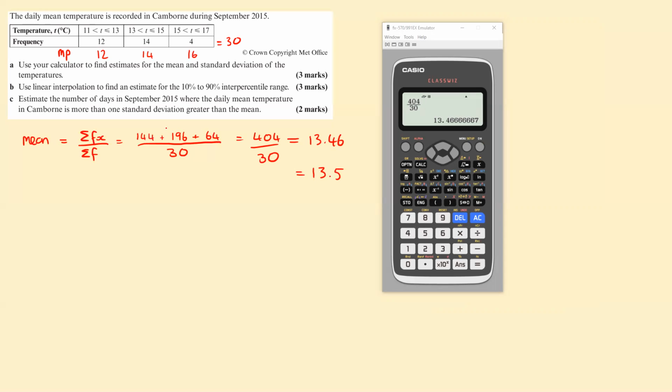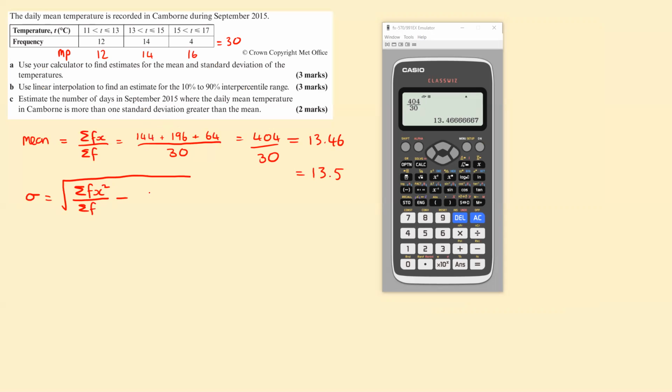I could do the same thing for the standard deviation. Standard deviation has the formula, the square root of sigma f x squared, so this time you square your midpoint and then you times it by the frequency. And then we divide that by sigma f.